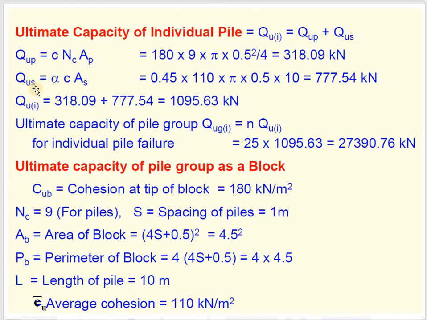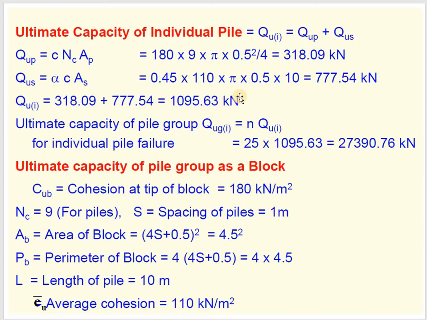Then for Qs, alpha is already given, adhesion factor is 0.45, the coefficient around the surface is 110, and the area, the superficial area, is pi d into length, that is pi into 0.5 into 10. So you have the individual capacity here, that is 1095.63 kilonewton.